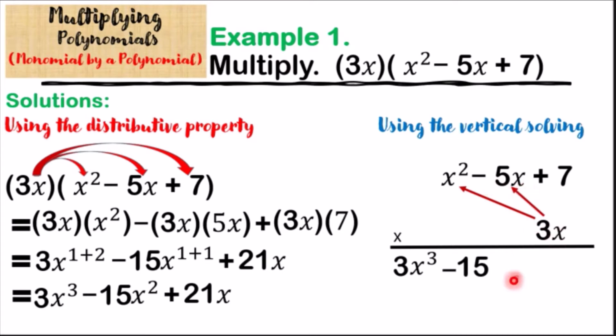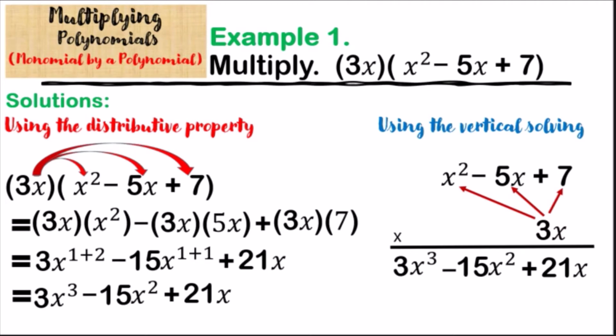X times x, that is x raised to 2. Then multiply the monomial to the third term of the polynomial. That is 3 times 7 is positive 21. And x here, just simply copy because we do not have variable here. So that is 21x. Therefore, the product is 3x cubed minus 15x squared plus 21x.